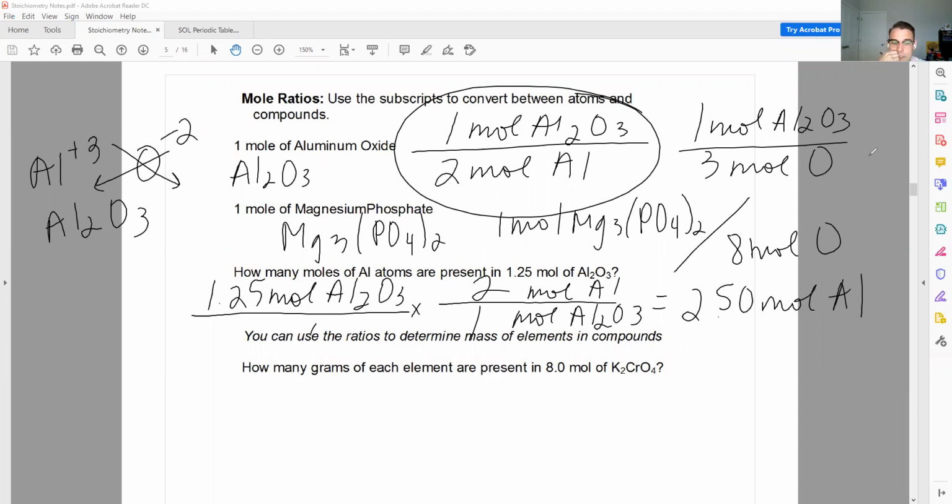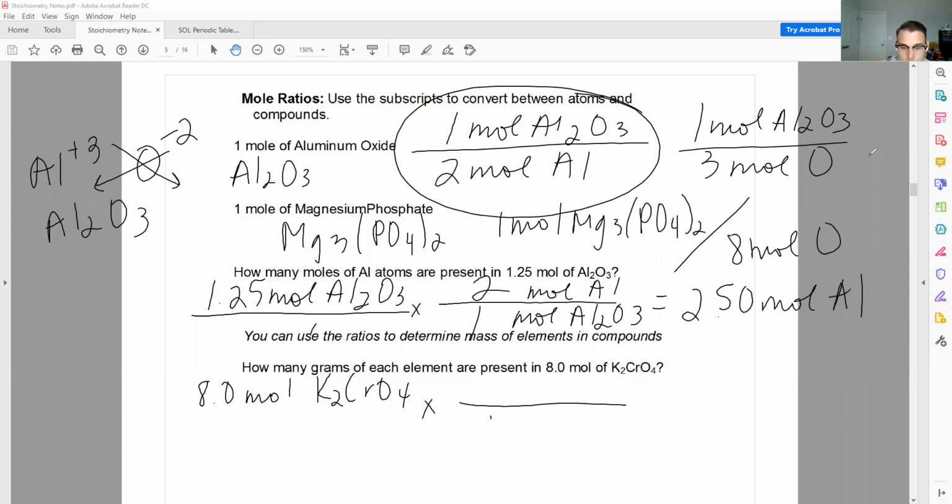Okay, so it says you can use ratios to determine the mass of elements in compounds. How many grams of each element are present in 8 moles of potassium chromate? I'm going to do the first one for potassium. I'm going to have you do the other 2, and the answers are in the completed notes. So I'm going to start with 8.0 moles of potassium chromate, and then I'm trying to get to potassium.